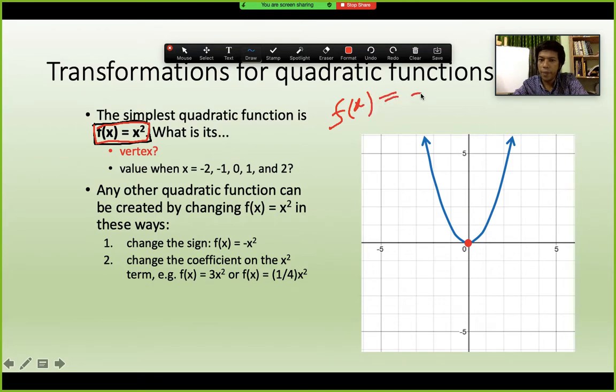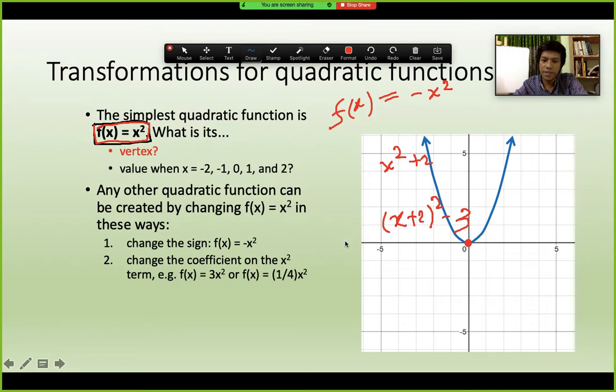It can be minus x squared sometimes, or we can say x squared plus 2. We can change it like this, or we can say (x plus 2) whole squared. Like this also you can write. Or we can give some minus here, suppose minus 3.